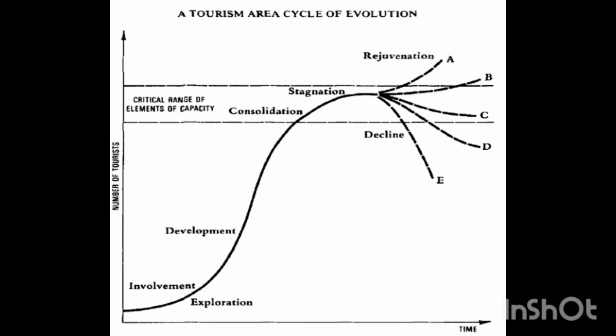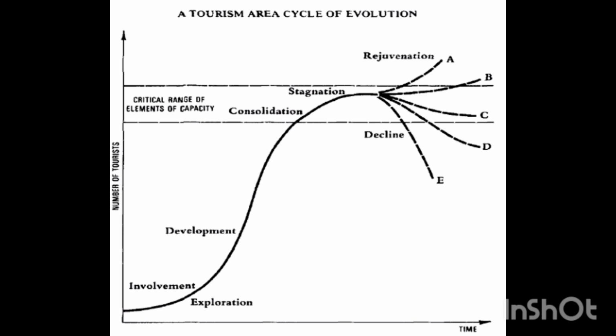Certain destinations, as we know right now, are still surviving, not declining, just because they are getting something new which people want at present. This is rejuvenation, supported by local and national government, and this has been happening. And this, at the end, is Butler's tourism life cycle: the birth and death, or the birth and rejuvenation of a tourism destination.